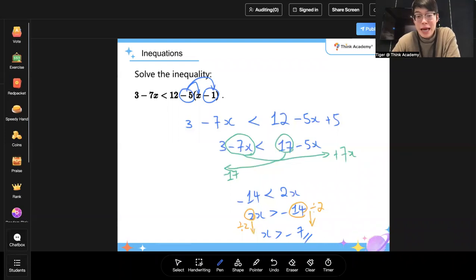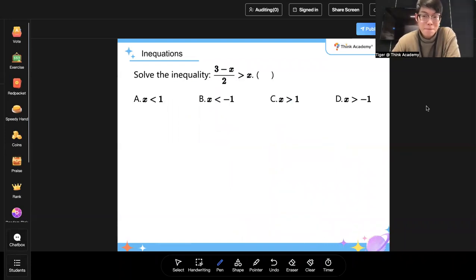Now let's take a look at the next one. Well, not much different, to be fair. There's just a little bit of a fraction in there. So what we do is just the same as equations. We are multiplying each and every term inside this equation or inequality by the lowest common multiple of all the denominators.